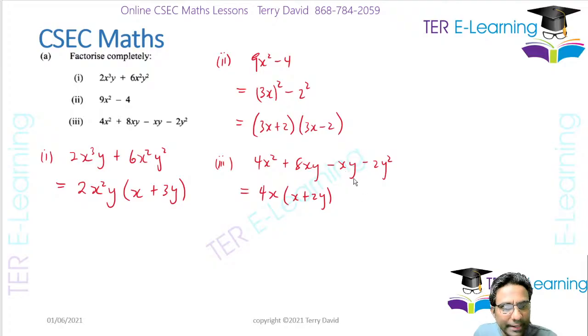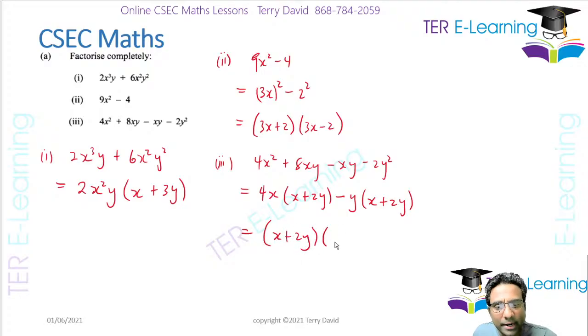Then on the other side, the only thing that I have common there is y. So this is going to be y, and this is going to be an x, and this is going to be, remember the 2 brackets need to be the same, so this is plus 2y. Now the only way that can happen is if this is a minus sign here. So therefore, my final answer is going to be x plus 2y in one bracket, and 4x minus y in the second bracket. So that's how we factorize all 3 of these guys here.